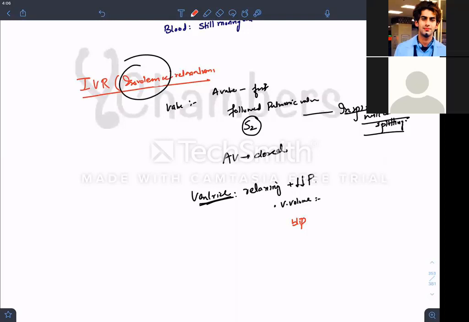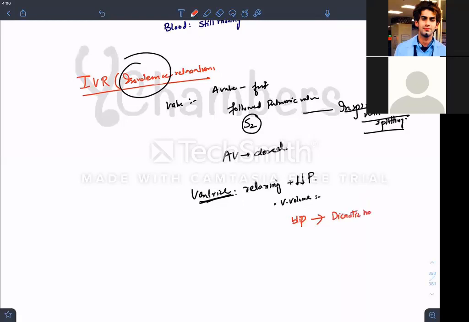Due to that closure, you see a notch on the graph. I will be teaching you that. That notch is called dicrotic notch or incisura. You should remember this.